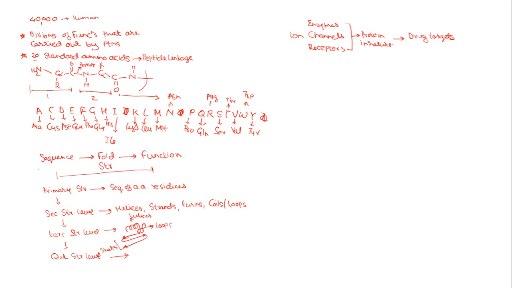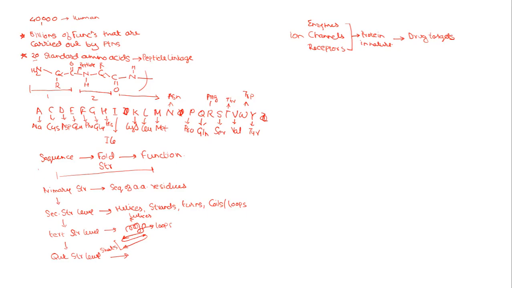So unless and until you understand how those enzymes or ion channels function, and how those receptors look like, you won't be able to synthesize or create an effective drug.